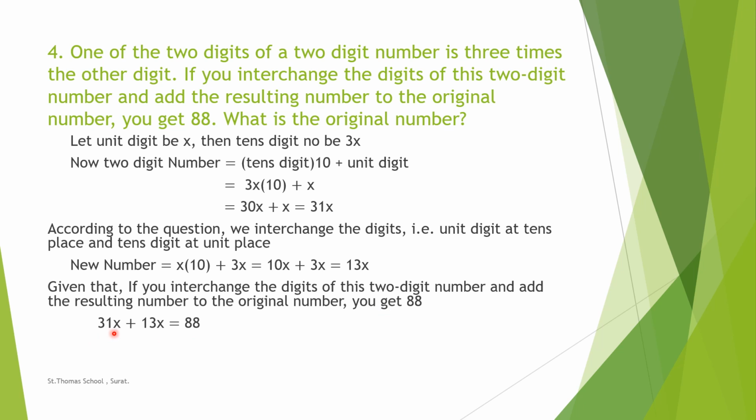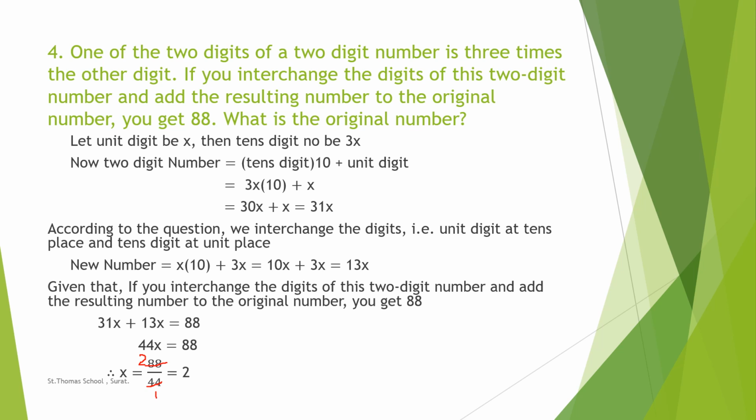Clear? So 31x plus 13x is equal to 88. 31 plus 13, that is 44x is equal to 88. x is equal to 88 by 44. Multiplication becomes division here. Now we can count: 44 ones are 44 and 44 twos are 88. What is the value of x? x is equal to 2.